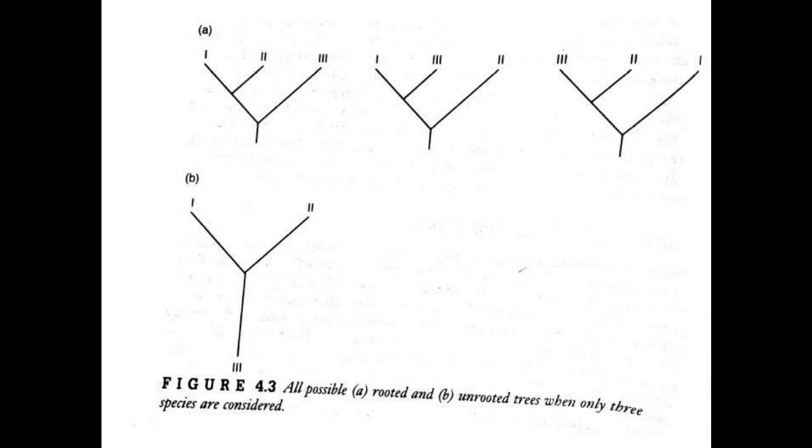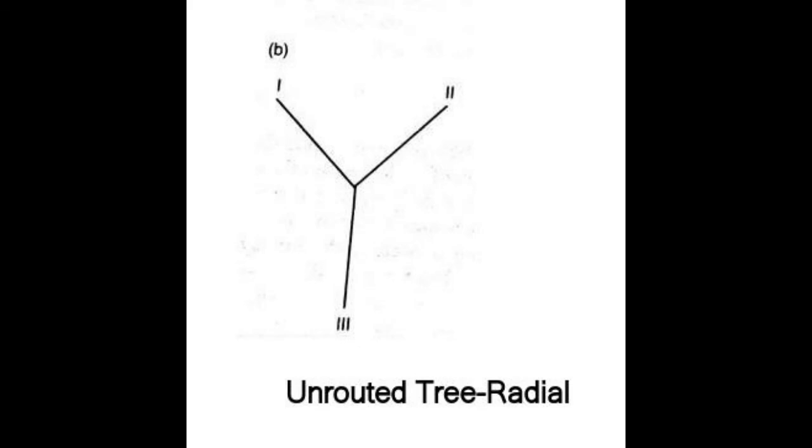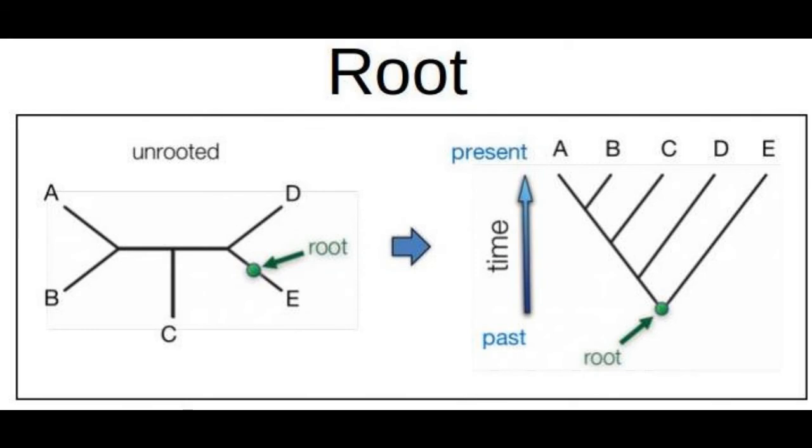We had seen the examples of unrooted and rooted trees. Unrooted trees are something like radial in nature, as shown in this figure. Nowadays, different softwares are available to construct these phylogenetic trees.